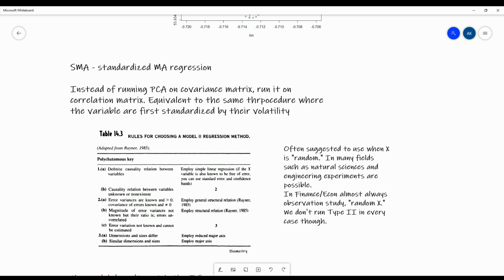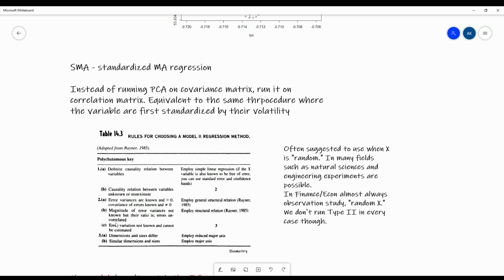Now, in the field of ecology, practitioners came up with a bunch of rules for when to use these types of major axis regression, like I said, orthogonal regression. I pulled these rules from the biometry book I referred to earlier.